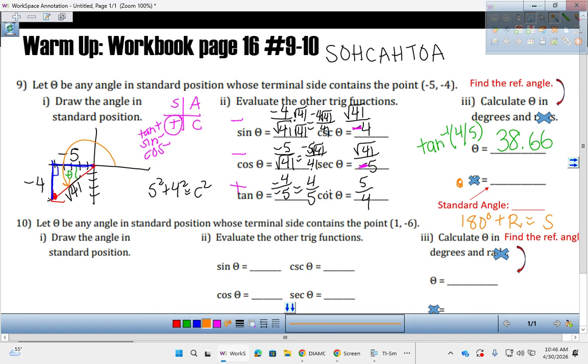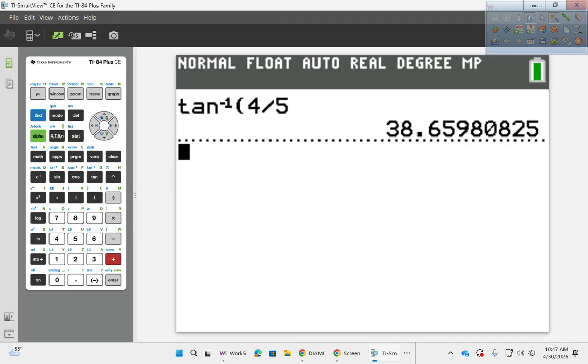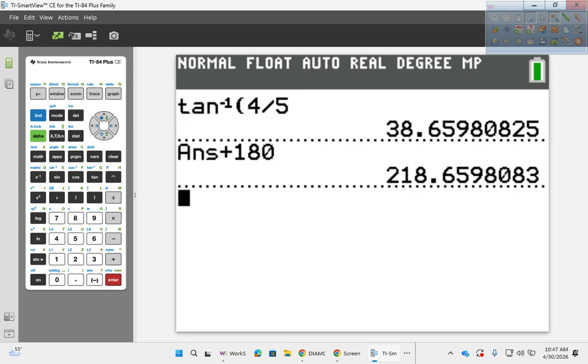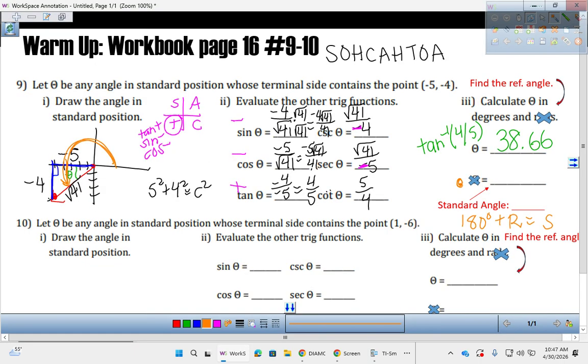So I've got like this half circle, that's 180, plus an additional little bit of the way more, but that little bit is the green angle. So together, 180 plus my reference angle equals that standard angle. So I know what the reference angle is. I'm just going to add 180 to it. So 218.66 would be this angle.